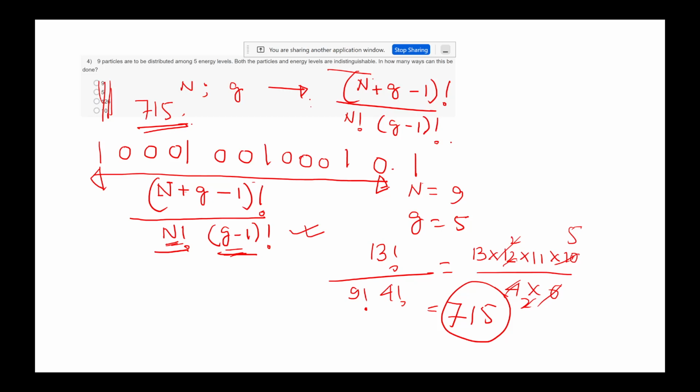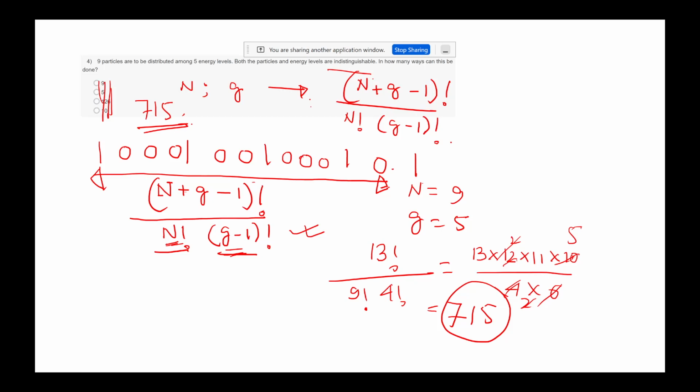But the first thing we can write is n plus g minus 1. Here we have to choose out of that, and that is happening in multiple ways, so we are not mixing these two things up.